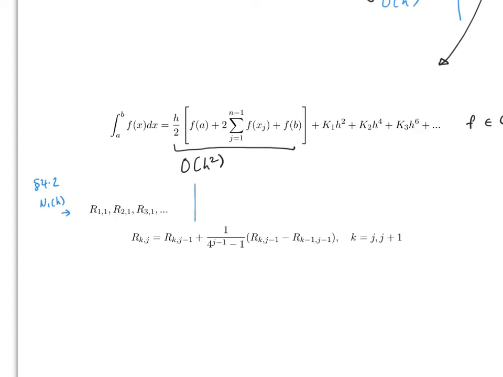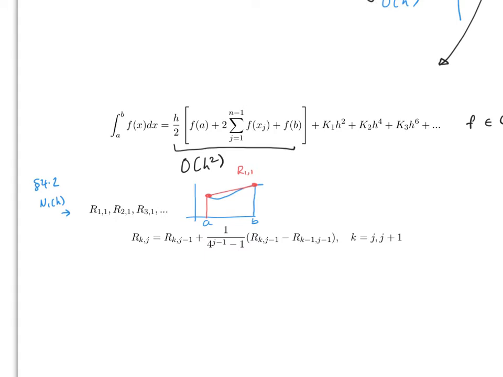R11 represents the original trapezoid method. By original, I mean this. Let's say you have a function that looks like this, and you go from a to b. You create just one trapezoid at this point and at this point. This was the original trapezoid, not composite, and this is what we call R11.